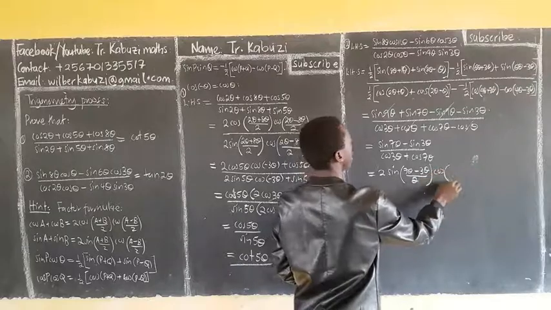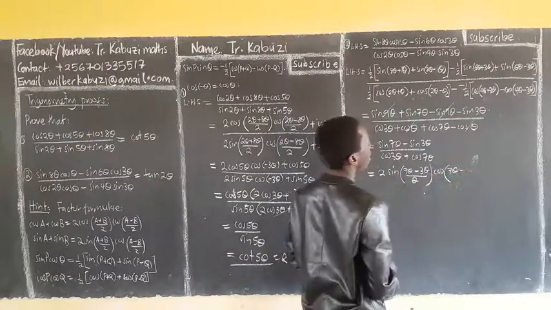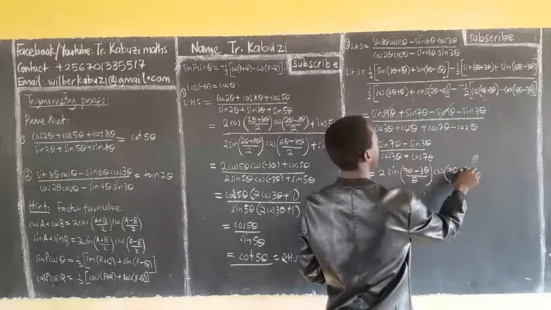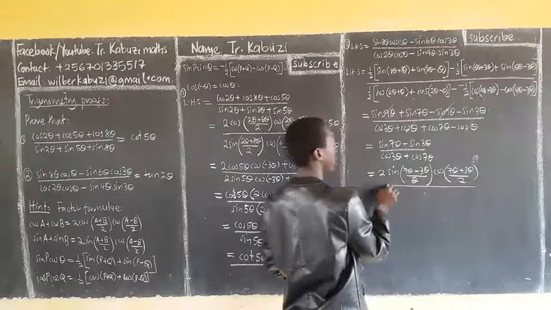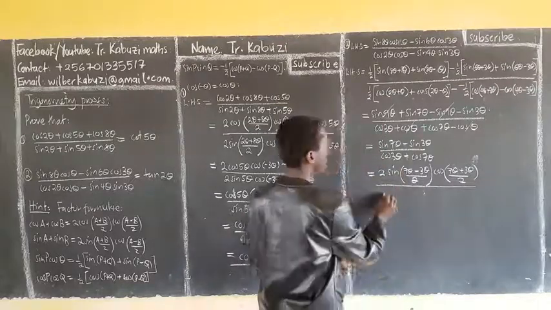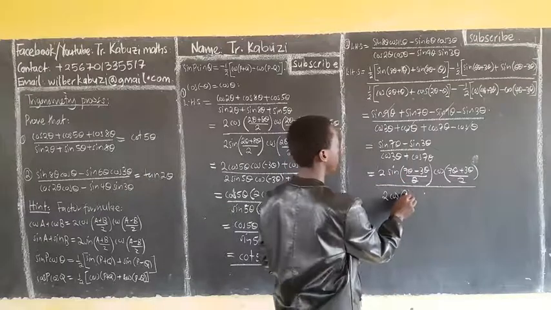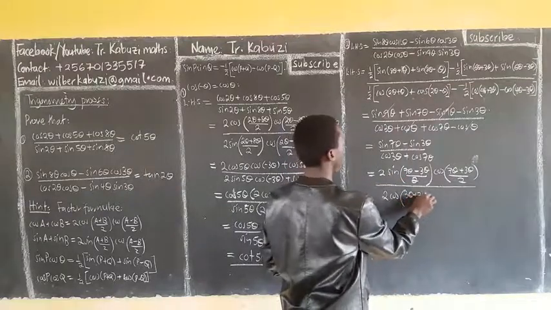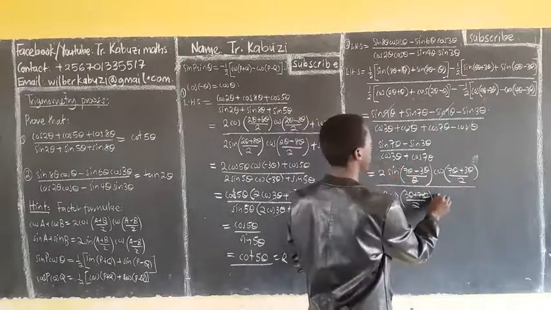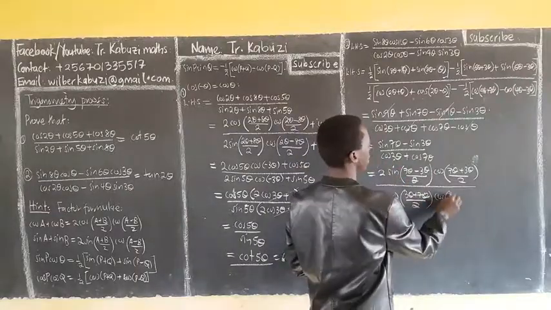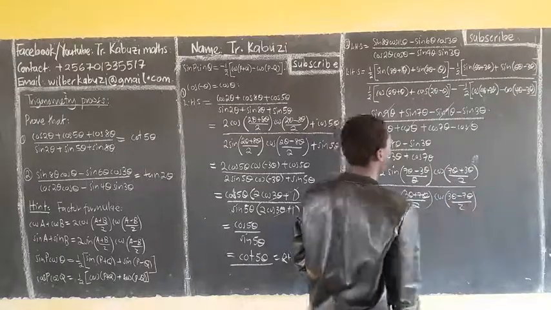Then here cos, now cos we add 7 theta plus 3 theta, the whole over 2. I'm dividing with, now here, this will be now 2 cos, this plus this over 2, then cos of 3 theta and 7 theta over 2.